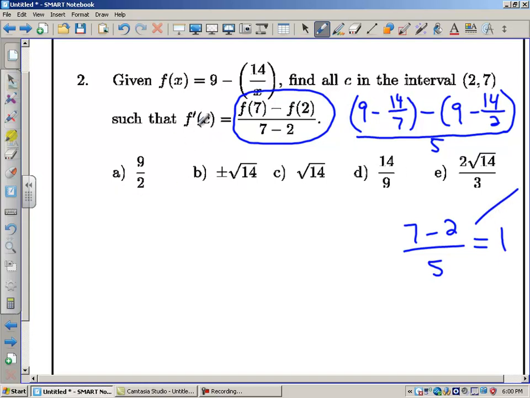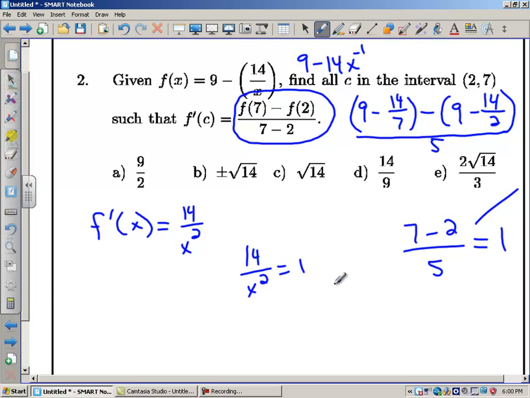What we have to do now is find the place where the derivative is equal to 1. So let's find f prime of x. f prime of x, if we think about this, is 9 minus 14 x to the negative 1. F prime of x is going to be 14 over x squared. That's the derivative. So what we want to know now is what x value will make the derivative equal to 1. So we take 14 over x squared and set it equal to 1.